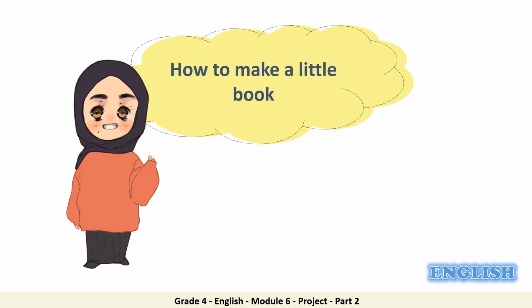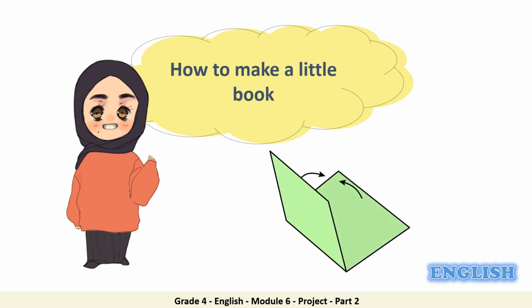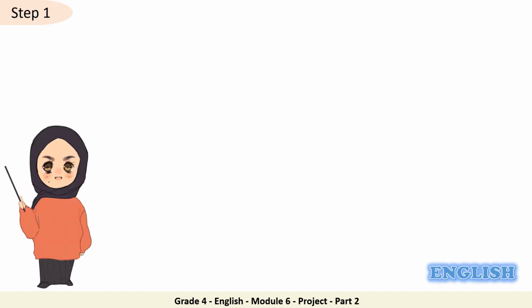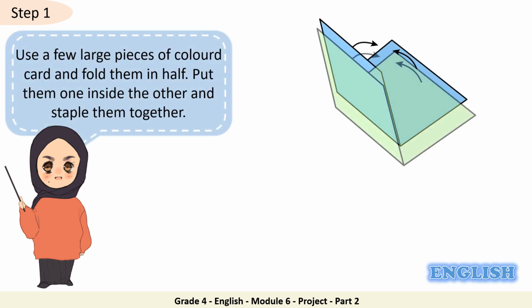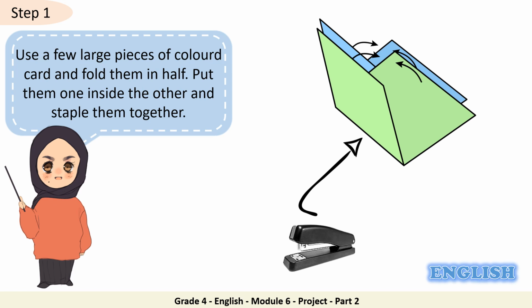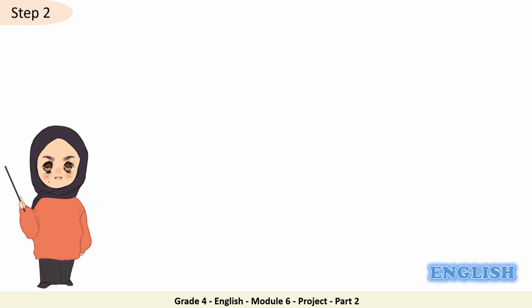And now it's time to learn how to make a little book about your town in the past. Step 1. Use a few large pieces of colored card and fold them in half. Put them one inside the other and staple them together. Step 2.